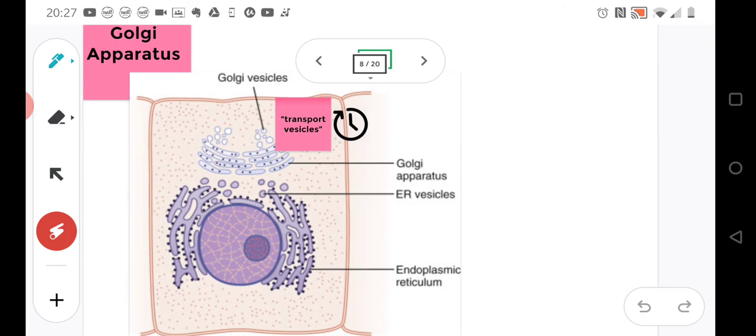So the usual way is that the protein is created in the rough endoplasmic reticulum, then modified, then sent by vesicles into the Golgi apparatus, and the Golgi apparatus is further modifying it before it is sent somewhere. So the substance modified in the Golgi apparatus may be sent outside of the cell, may be sent to some other part of the cell, or may be kept in the Golgi apparatus if it's needed there. Or maybe released just into the cytoplasm without any problem.